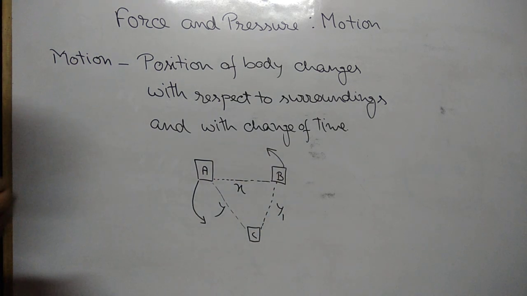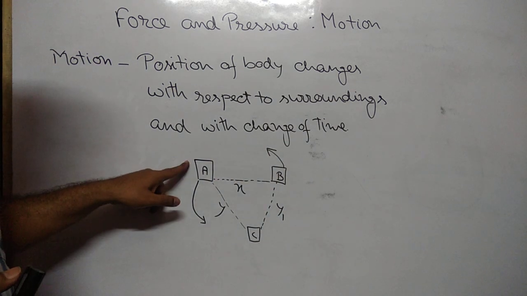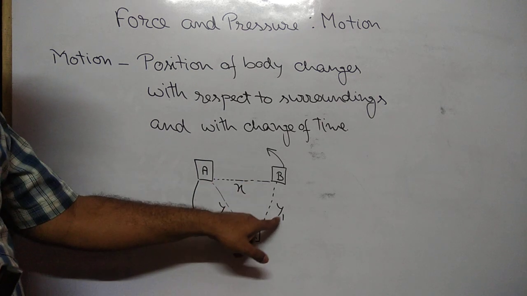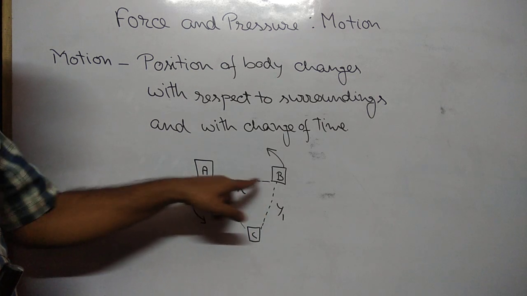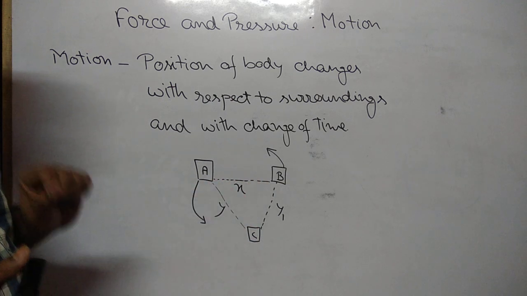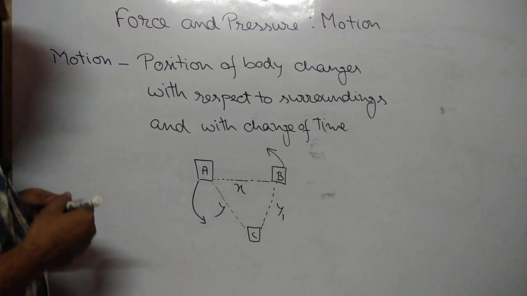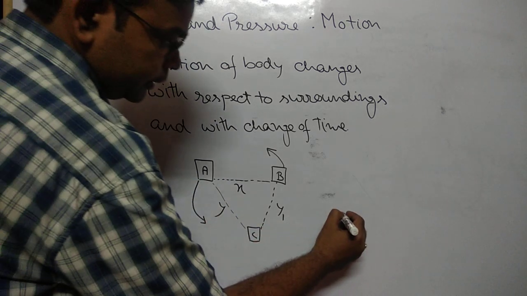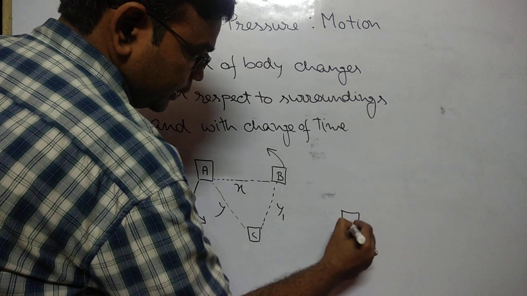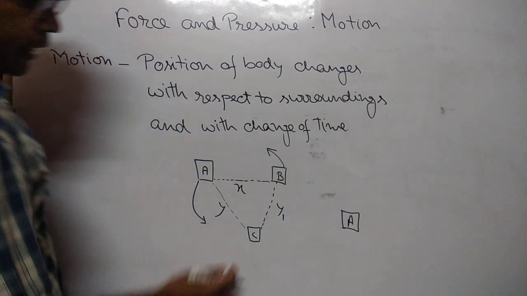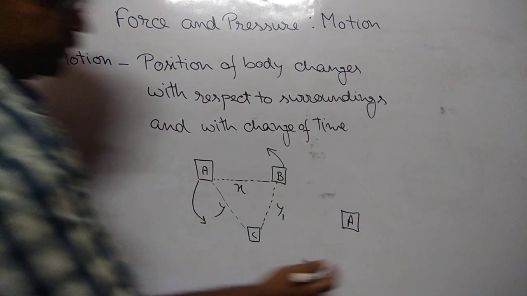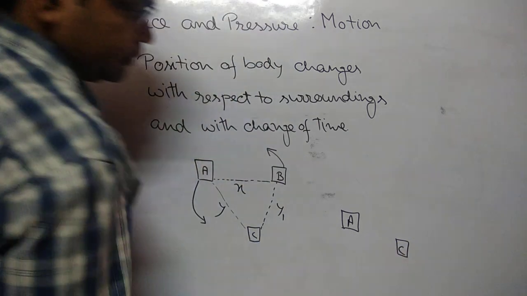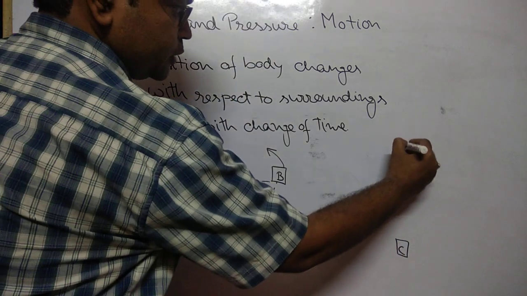Initially the distance between A and C is y, between B and C is y1, and between A and B it is x. Now suppose A is shifted to this place, C is constant, C is not moving, and B moves to this place.